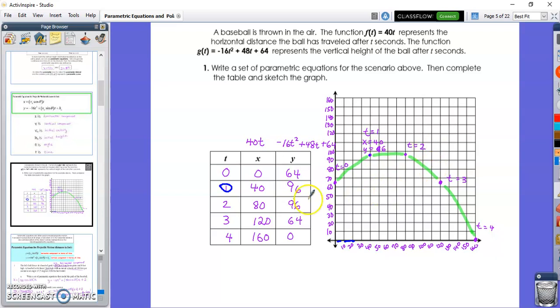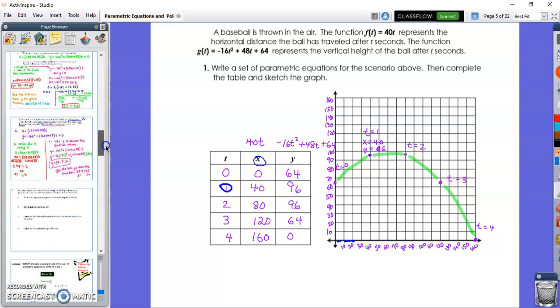We're able to graph it wherein the x is your 40 times t, describing how far the object goes horizontally given a certain amount of time. And then the g of t, which is going to be your y, is describing how high the object is given a certain amount of time. So we're able to graph that, if you can remember.